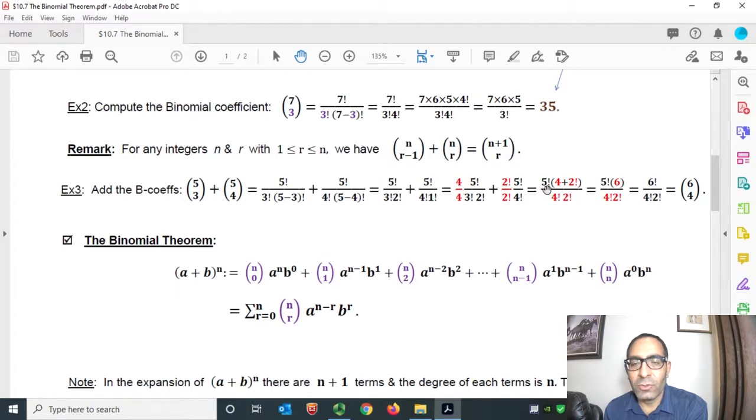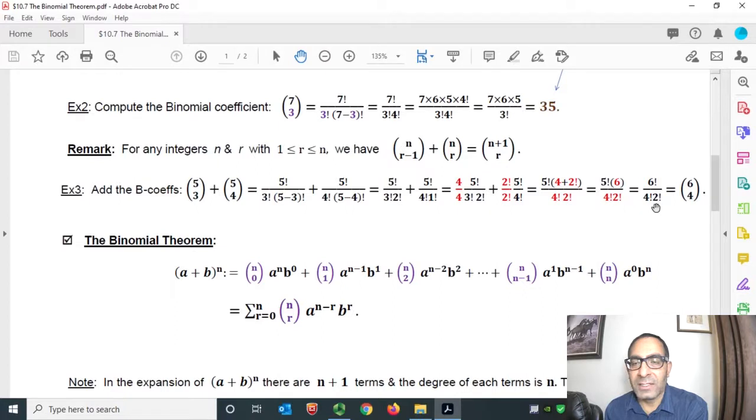Then in the numerator we have 5 factorial, we factor out 5 factorial, with 4 plus 2 factorial left here. In the next step, here's a 5 factorial in the numerator, 4 plus 2 factorial. By the way, 2 factorial is 2 times 1, so simply 2. That means 4 plus 2 is 6 over 4 factorial 2 factorial.